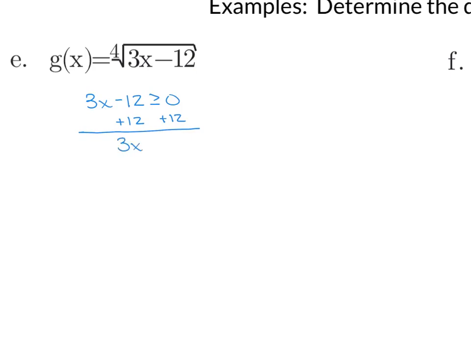We get 3x is greater than or equal to 4. We can divide by 3 and we get x is greater than or equal to 4/3. In interval notation, this is 4/3, comma, infinity.